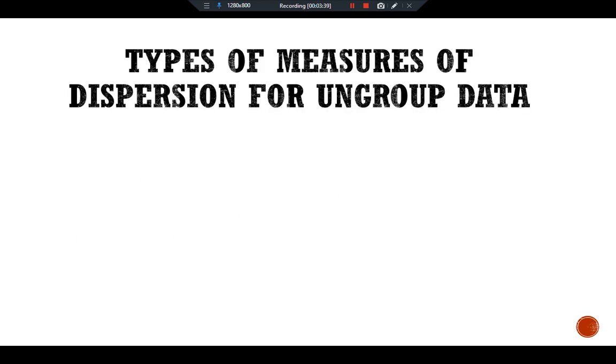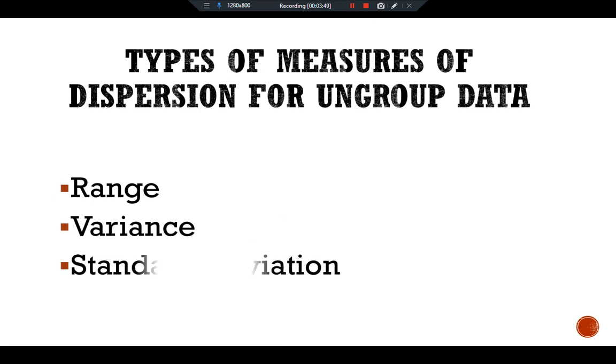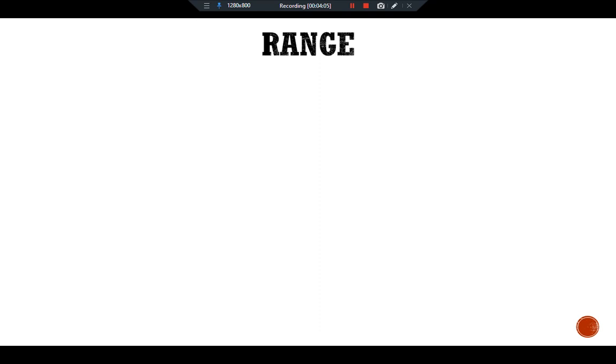There are some famous types of measures of dispersion: range, variance and standard deviation. There are some others, but following a particular course outline, we are only explaining these three. So let's explain the term range.